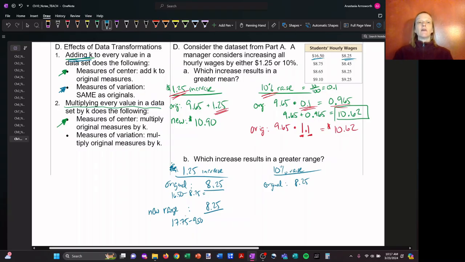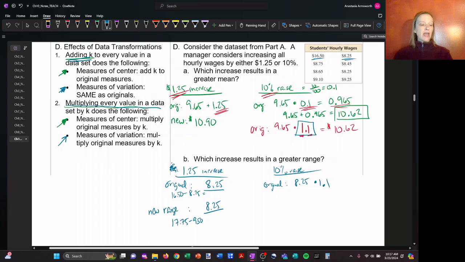On the other hand, if you've multiplied every value in your data set by the same value, this does change your range, and you multiply your original measure by that k multiplication factor. So as we said above, we end up multiplying all of our values by 1.1 to represent that 10% raise.